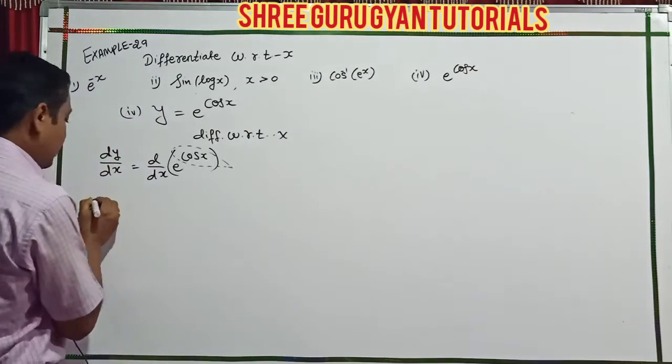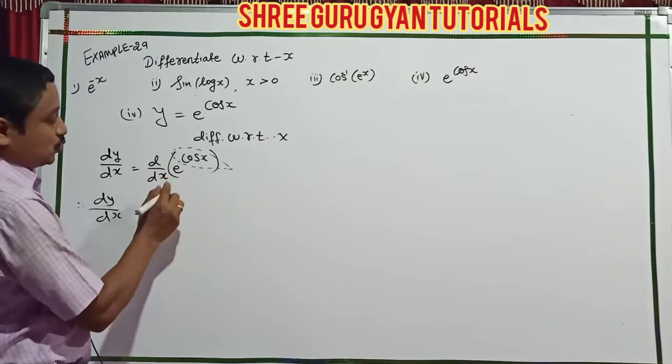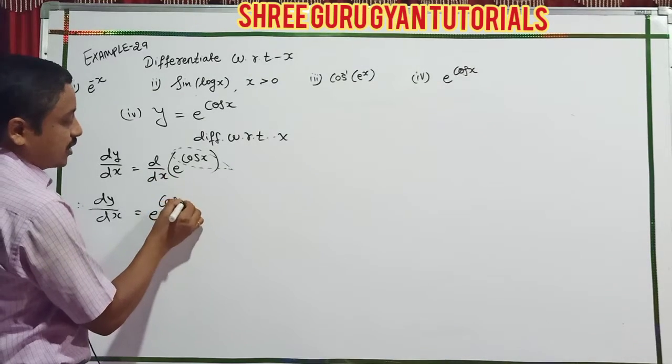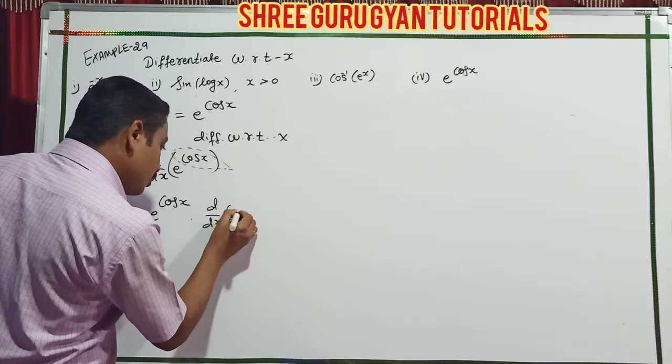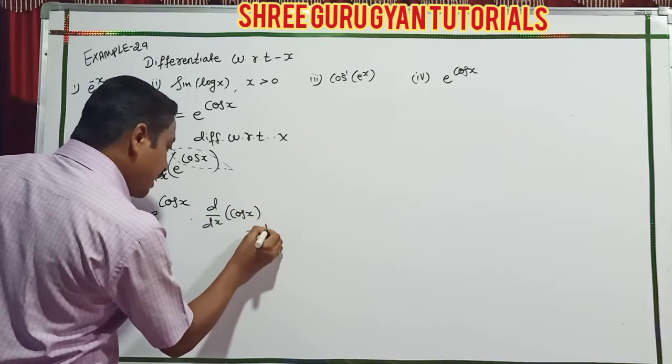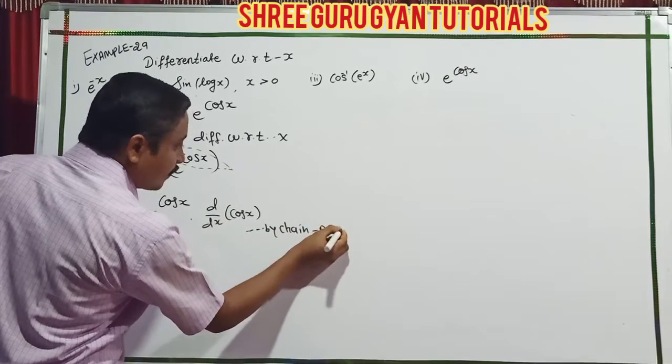So for your derivative, only and only first we do e raised to; yes, what is the e raised to derivative? E raised to, and pending for cos x by our chain rule.